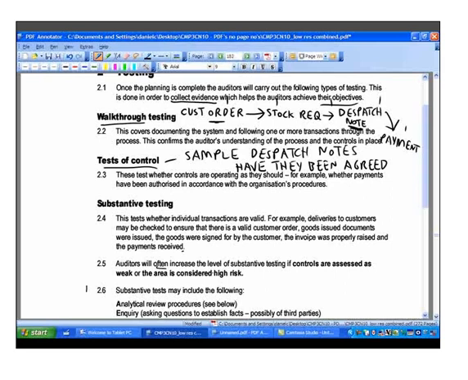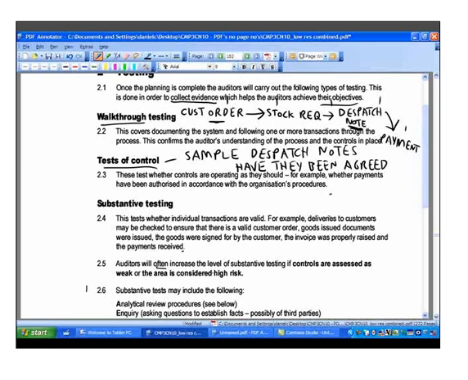Now, substantive testing is something that is more frequently done by external auditors, but is sometimes done by internal auditors too. And substantive testing takes a certain transaction and checks whether that transaction is valid.